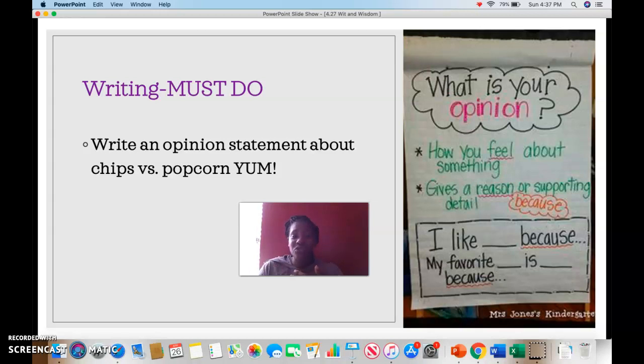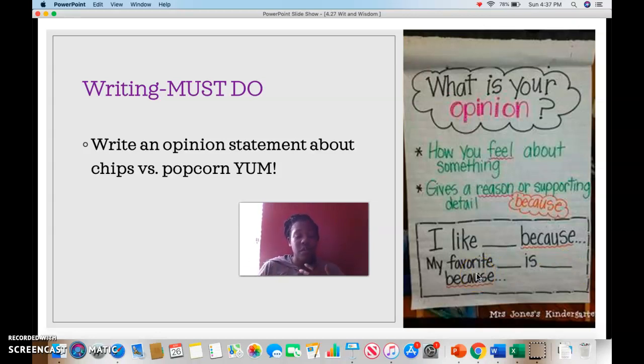Opinion is how you feel about something. You give a reason or supporting detail. And we're going to keep it very simple today, parents. Right here, you can see I like blank because, or my favorite blank is blank because. So state your opinion and then tell me why. That's all I want you all to do today.